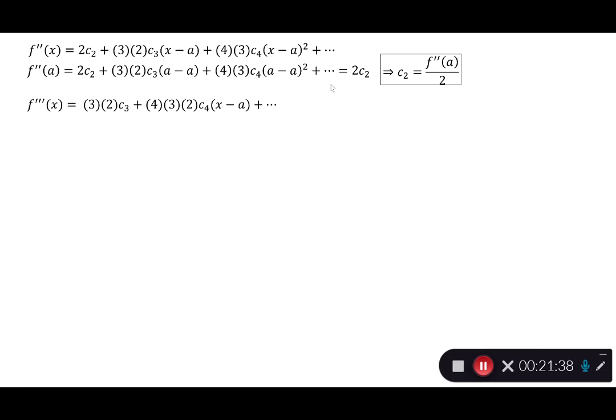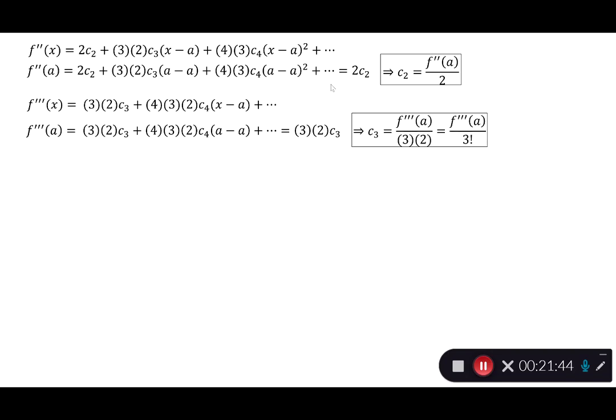Continuing the process, evaluating the triple prime at a, we get c sub 3 is f triple prime of a over 3 times 2 times 1. On purpose, I didn't multiply that and say that's equal to 6, because I wanted to see the pattern. So f triple prime of a over 3 factorial.